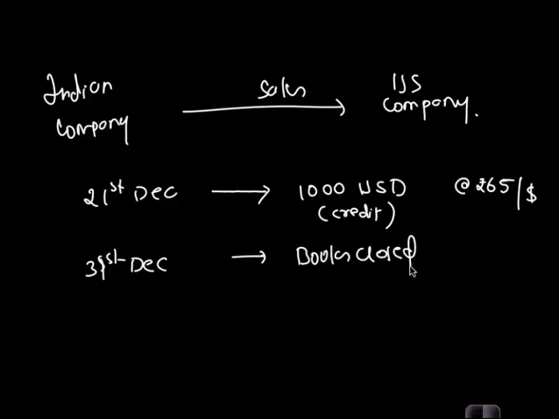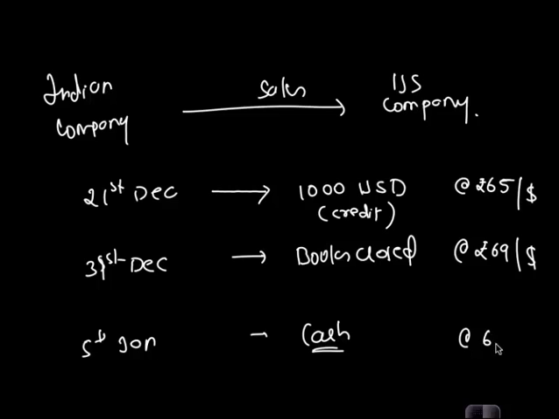That means it was the end of the accounting year. On this particular date, the exchange rate was rupees 69 for a dollar. On 5th of January, we actually received cash from the US company. But when we converted that to Indian rupee, the rate had become rupees 66 for a dollar. So my question to you is, number one, what is the date on which we should recognize the sales?